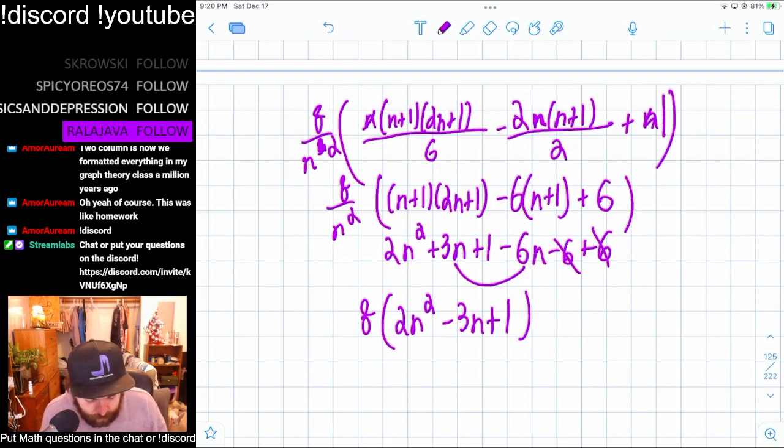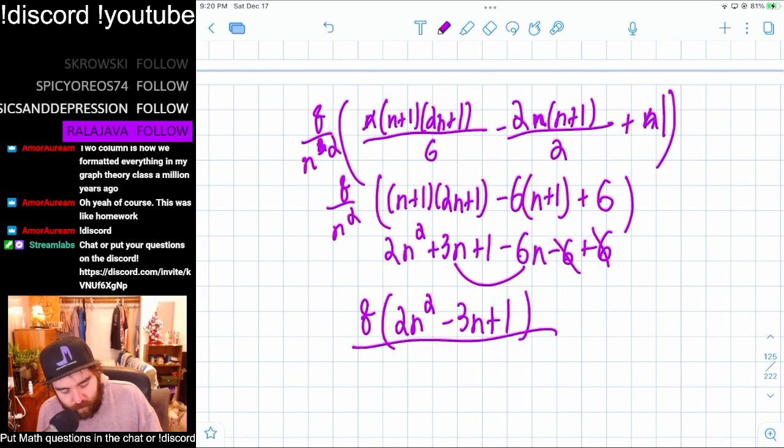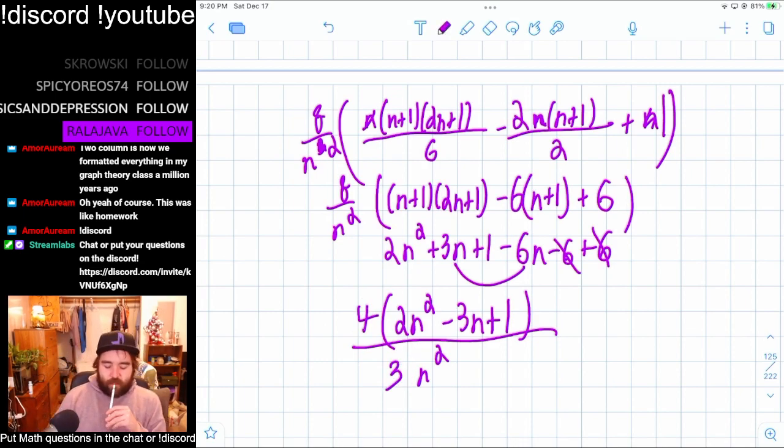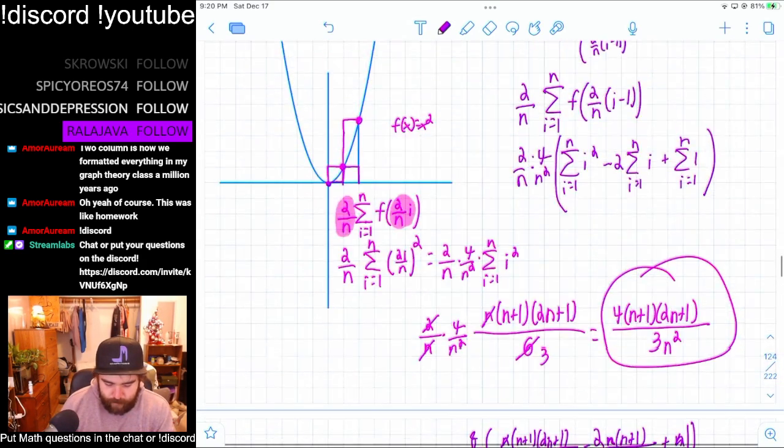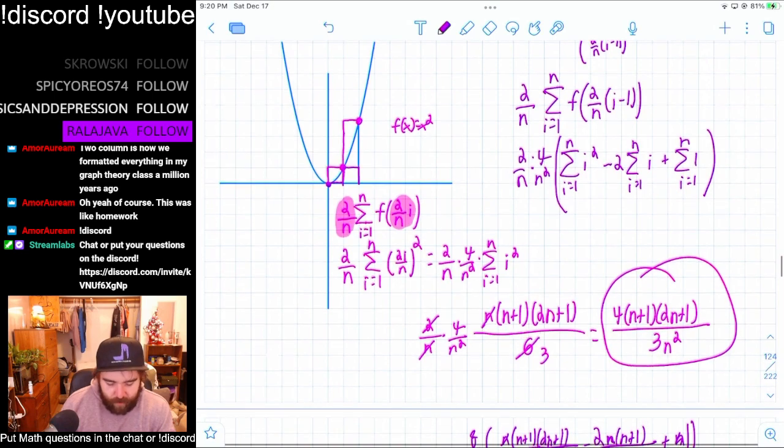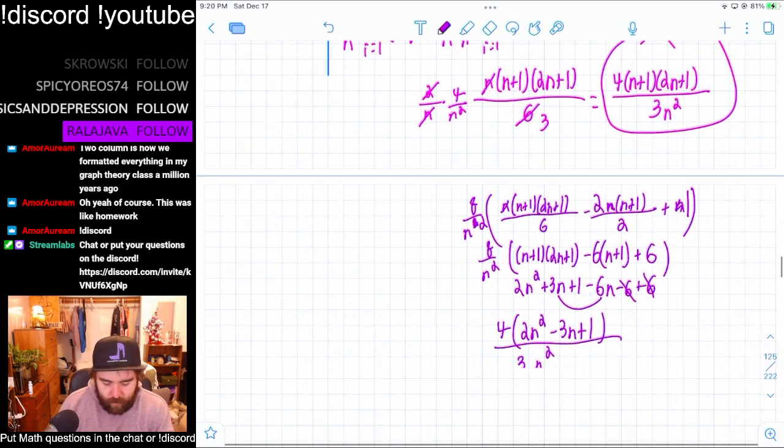Oh, shoot, it's also all over 6, so all over 6n squared. So that cancels. It just ends up being 4 over 3. But there's still the 8 on the top, and the 2 on the top of the other one as well.